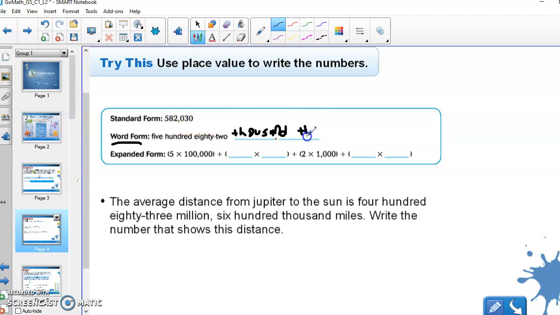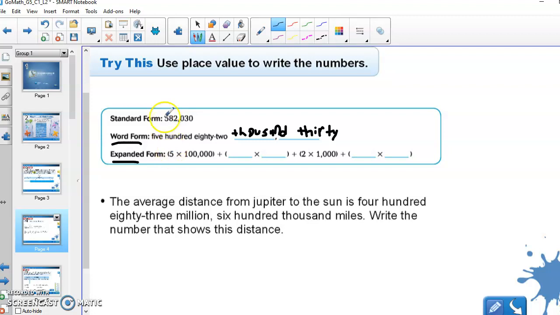So when you are working on page 15, and they're asking you to write a number in two other forms, you can use word form to help you. And that would be one other form. Now another form that you can use is something called expanded form. Just like if you're thinking about a balloon that expands, it gets bigger, we can write this number, 582,030, in expanded form where we're looking at the place value of each one of these digits.